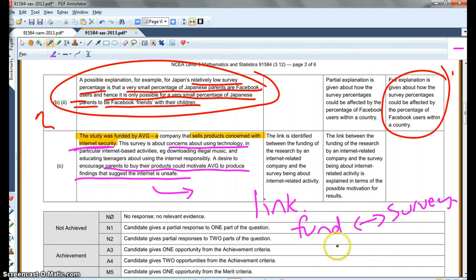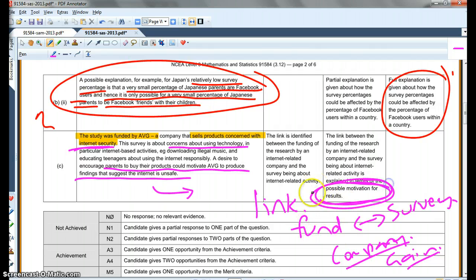Okay, what's the company got to gain? All right, so be suspicious. The link between the funding and the research by the internet-related company and the survey being about internet-related activity is explained in terms of the possible motivation for results.